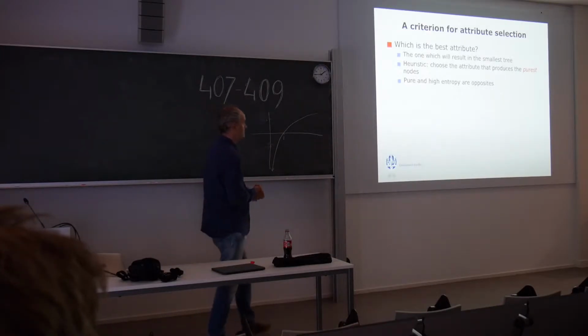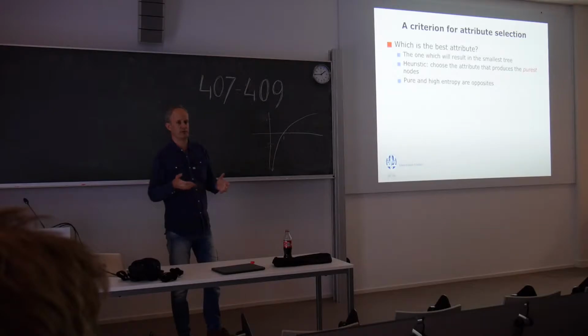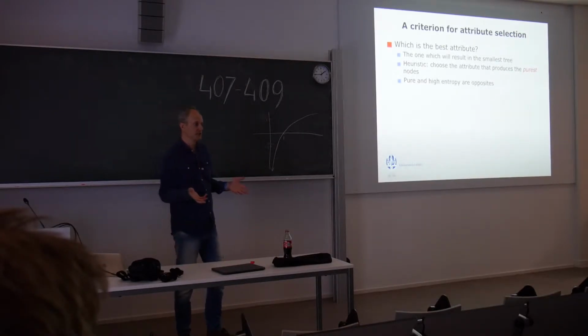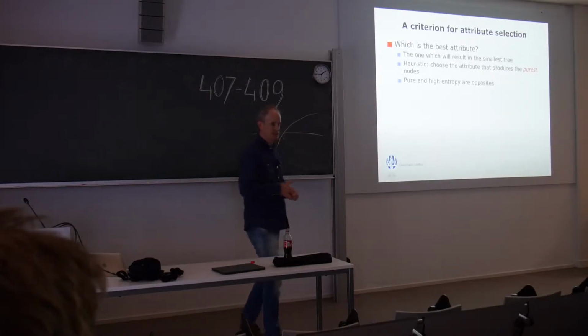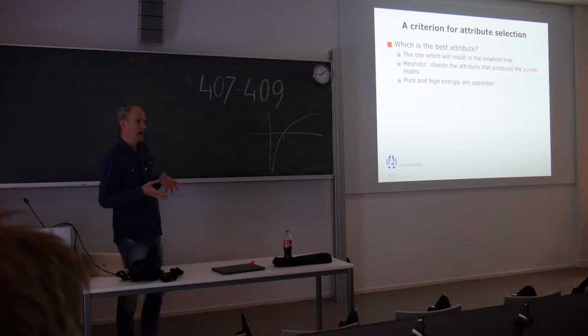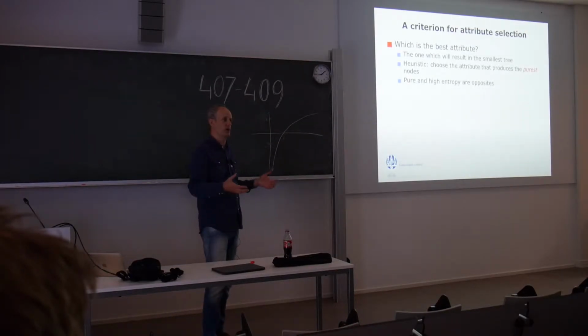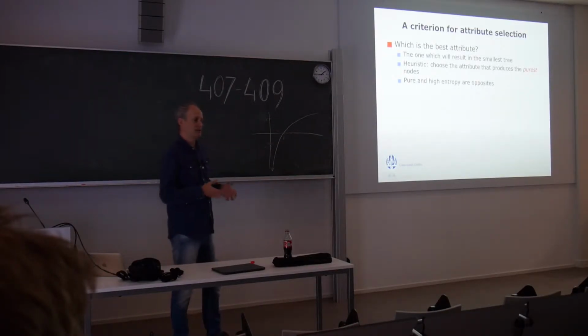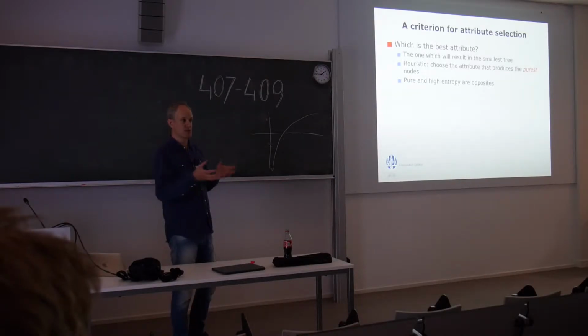So if we're going to decide on which attributes to choose for our first split, what are good qualities? What do we want, actually? One of the heuristics that you could use is to say, okay, I would like to have a tree that's fairly small. I can build a very large decision tree that uses all of the attributes in the data set, but let's not do that. Let's focus on the attributes that matter, that will produce a small tree.